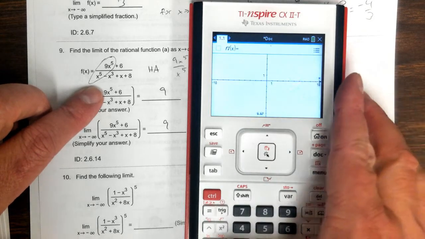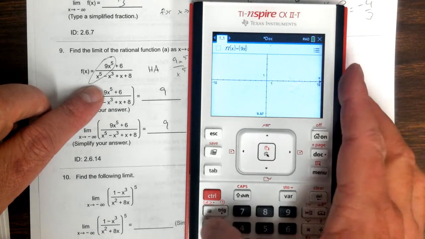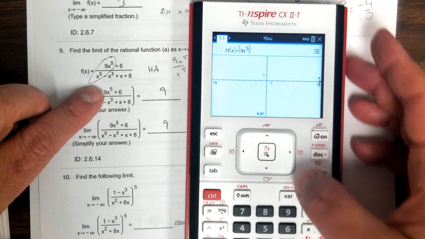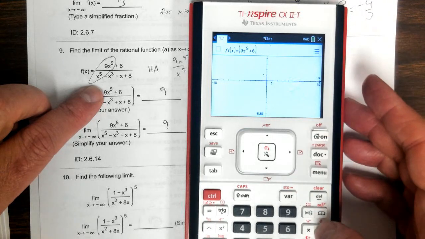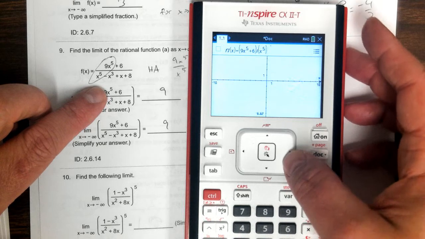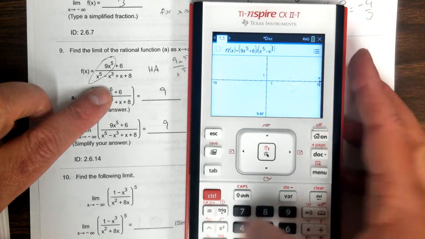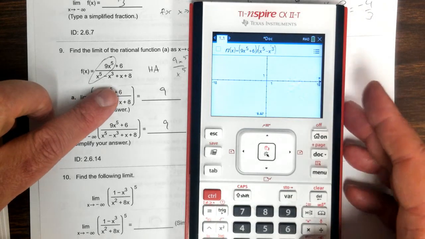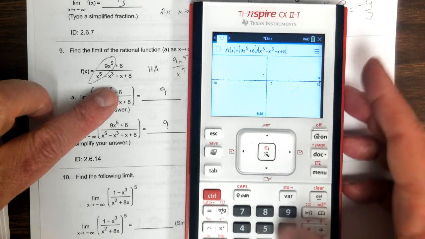So if we have 9x^5 plus 6 over x^5 minus x cubed plus x plus 8.